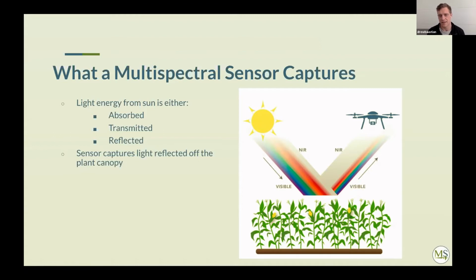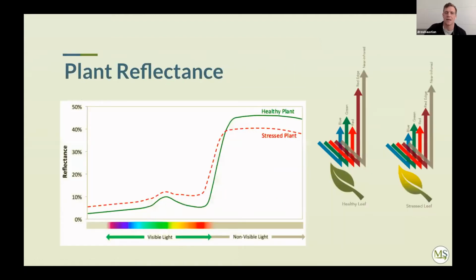The light that gets reflected off the plant is what our camera is capturing in the visible and the near infrared. So it's a passive sensor. And what we're looking at when it comes to plant canopies is basically this plant reflectance profile that you're looking at on this graph here.